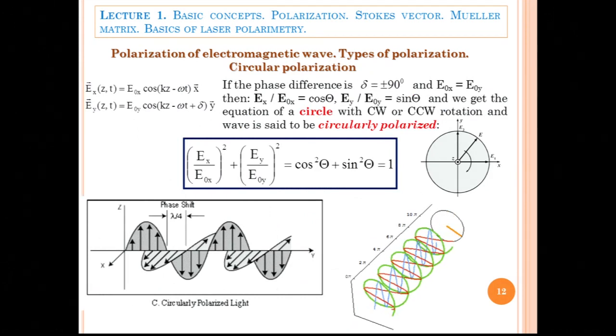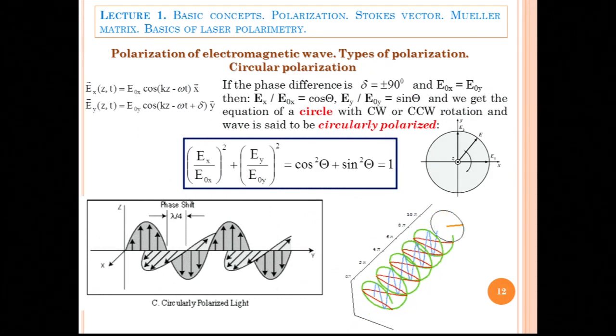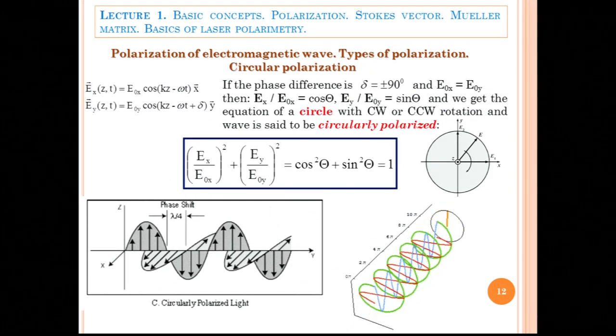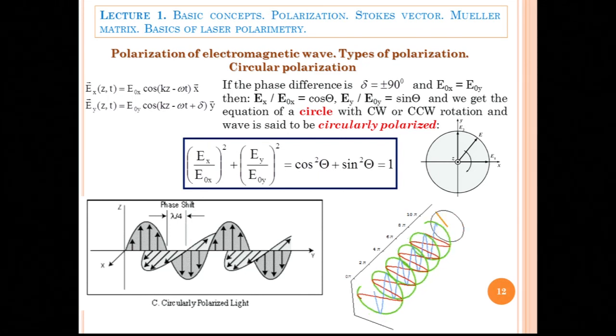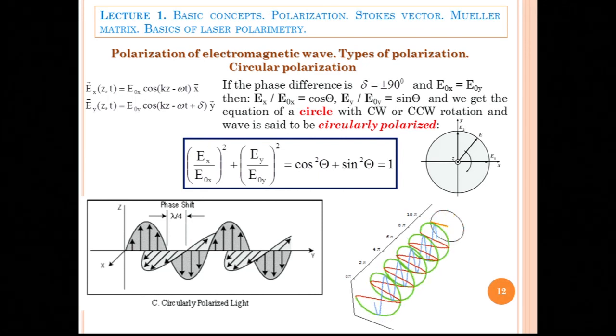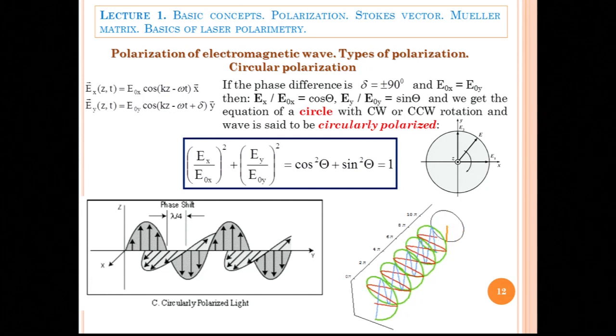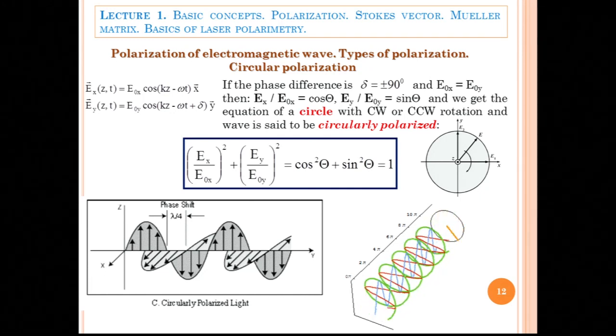So let's start with another case. It should be noted that linear and circular polarization are the boundary states of the most common elliptical polarization.